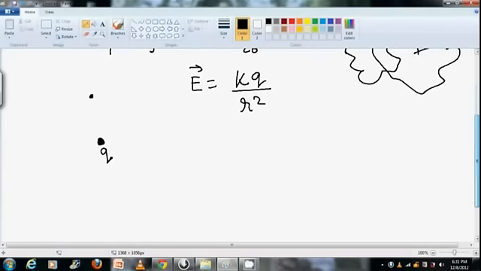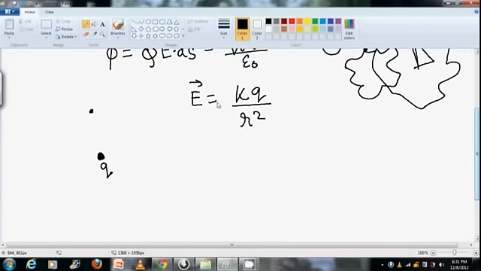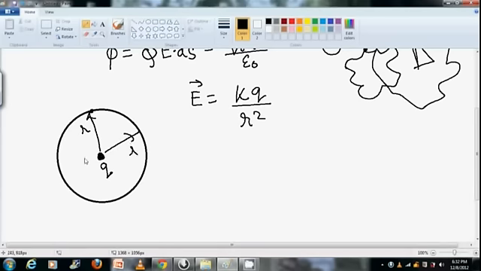So here also, to find the electric field at a point at distance r, we can use the symmetry. This point is at a distance r, this is also at a distance r, and this is also at a distance r.